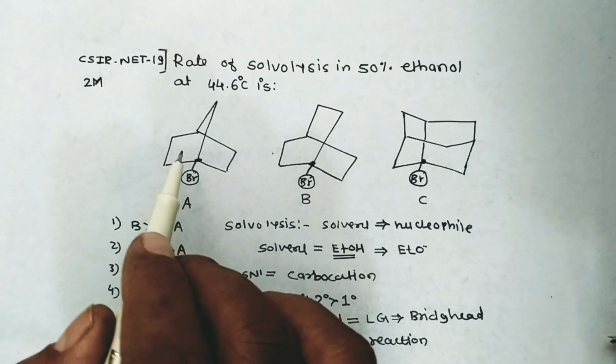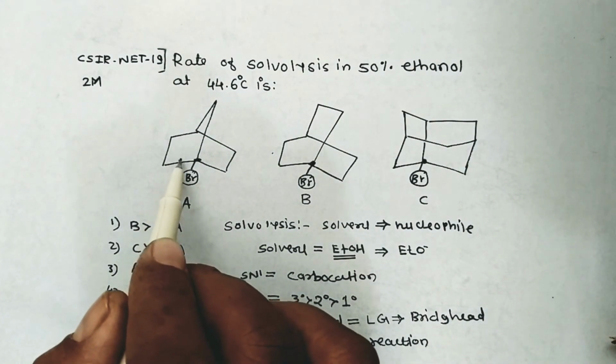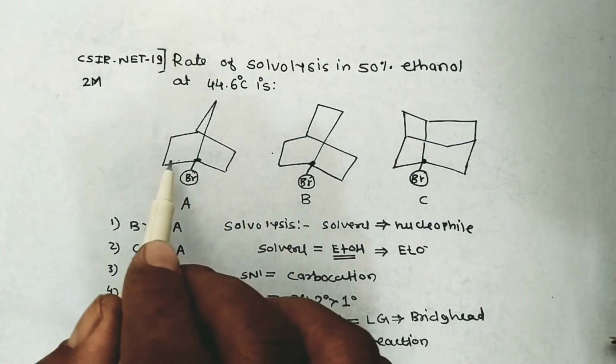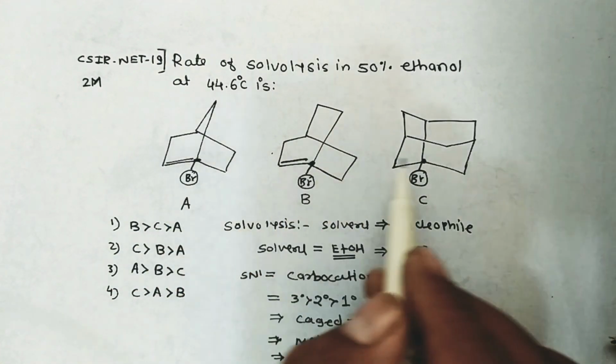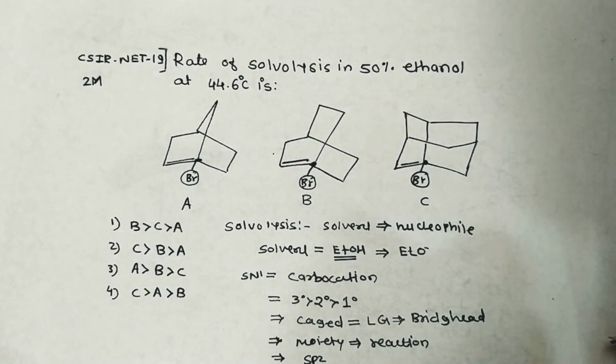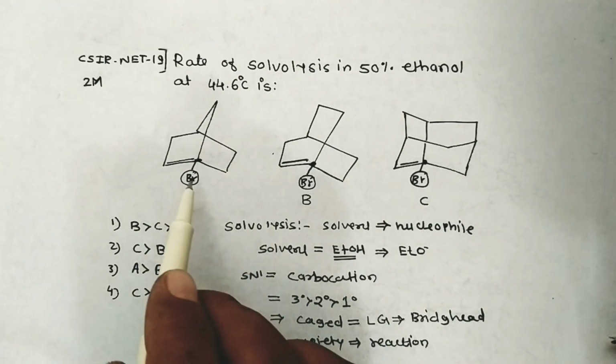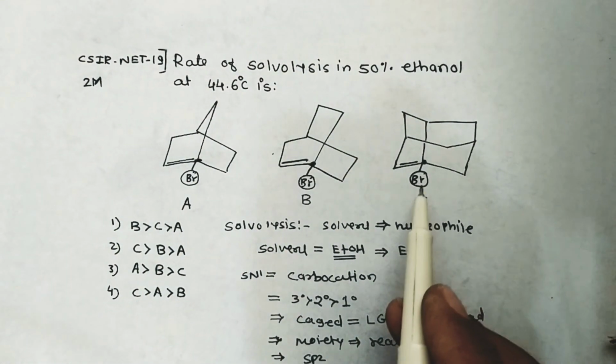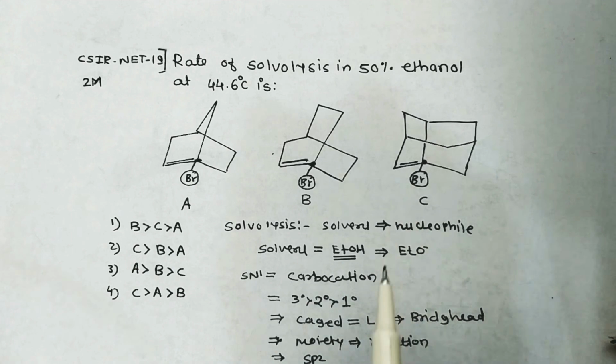Therefore, no double bond can be present here. Okay, but still there is a leaving group given, so we have to do SN1 reactions.